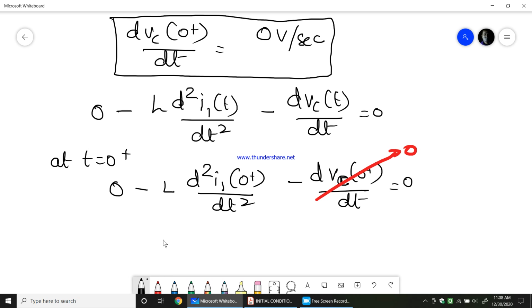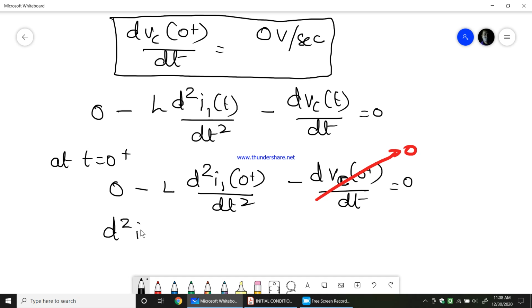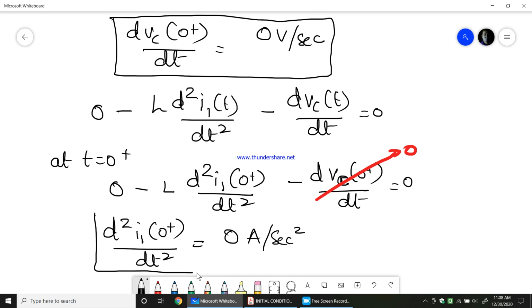If you equate the whole term to 0, then you get d square I1 of 0 plus by dt square is 0 amps per second square. So we got the second derivative of the current I1 of 0 plus, which is nothing but IL of 0 plus, equal to 0 amps per second square.